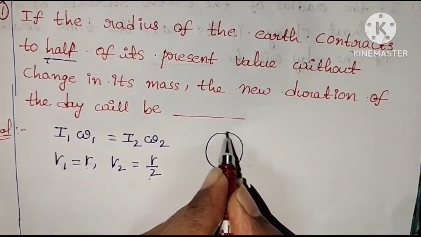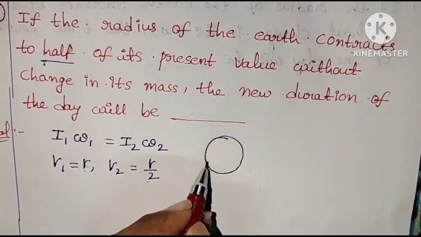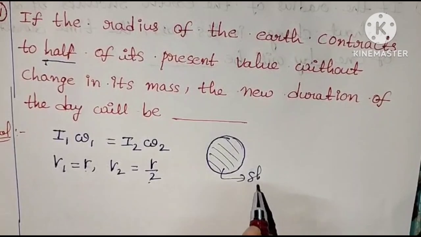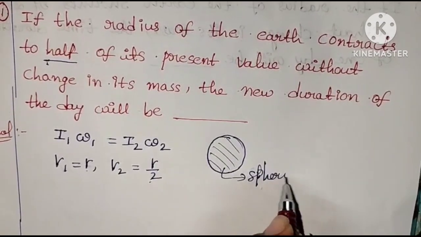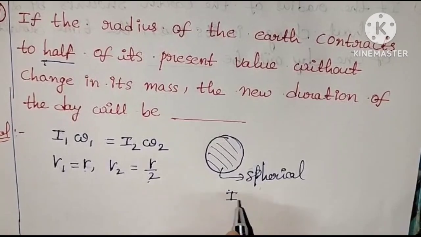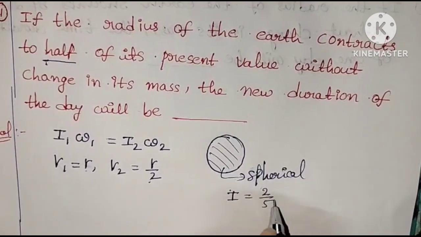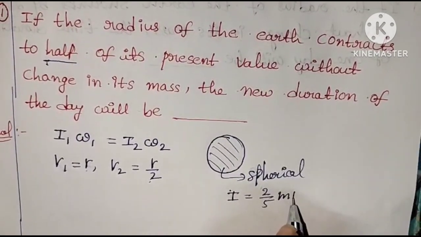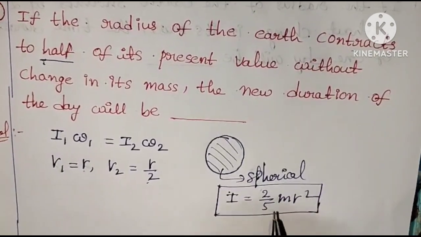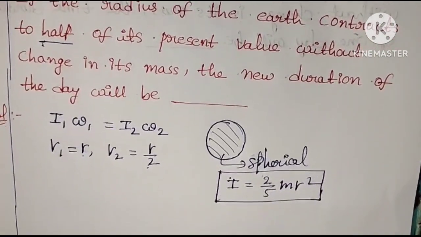Generally we consider the shape of the earth as spherical. In the case of a spherical body, the moment of inertia I is equal to 2 by 5 m r square.